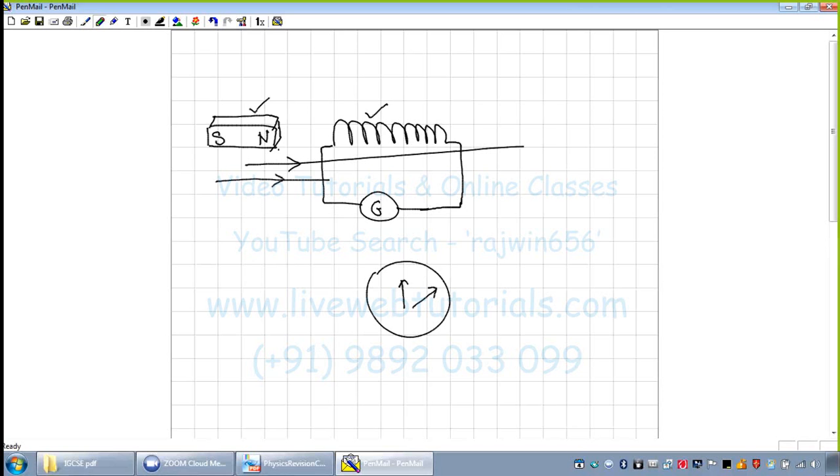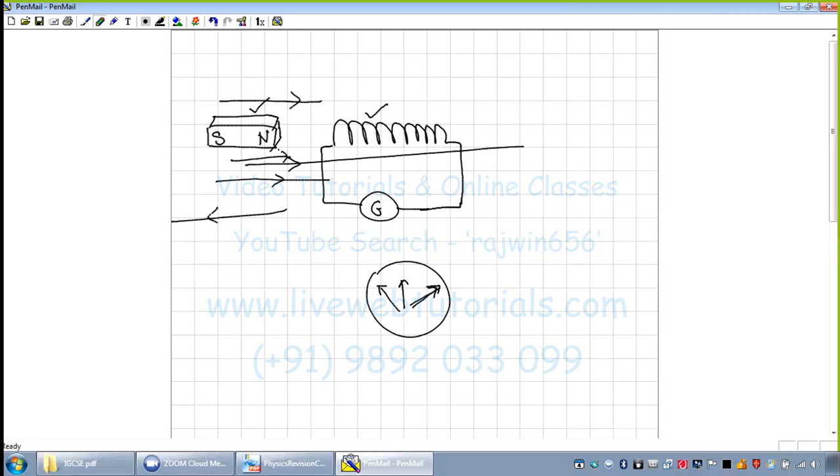Of course, this coiled wire is maintaining a closed circuit, because the strength of the magnetic field lines is changing. It shows a momentary deflection until the magnet is moving. As soon as the magnet stops moving, the deflection also becomes zero. When I'm moving the magnet in the opposite direction, the deflection is shown in the opposite direction.